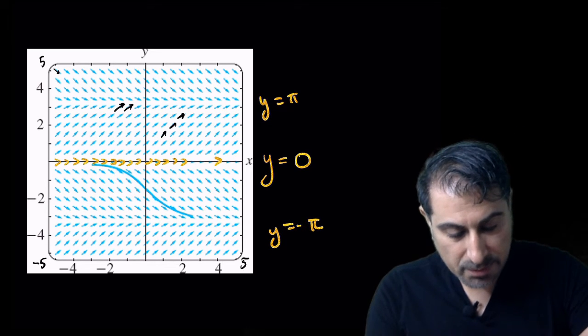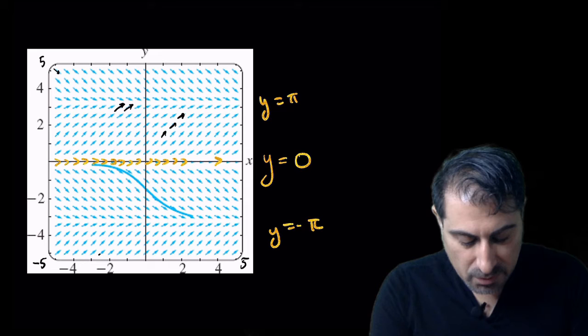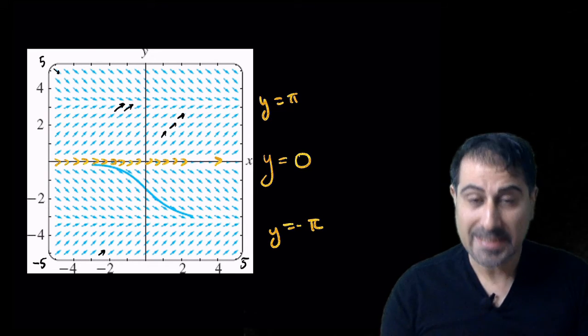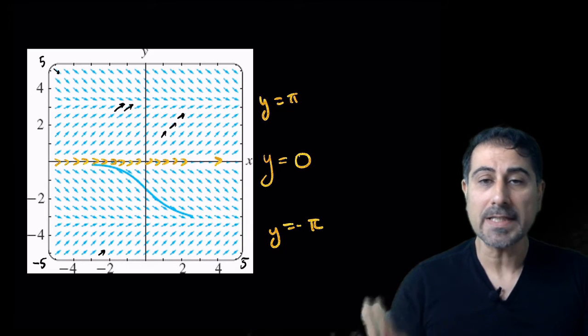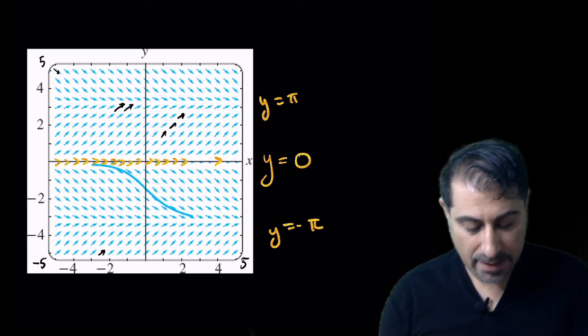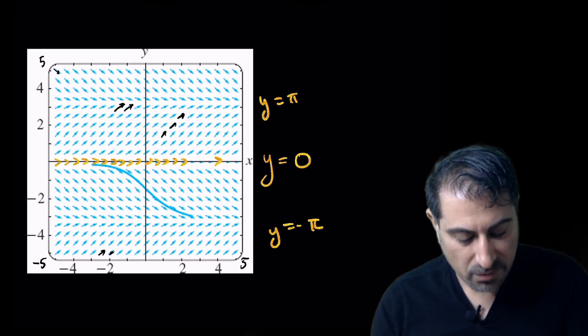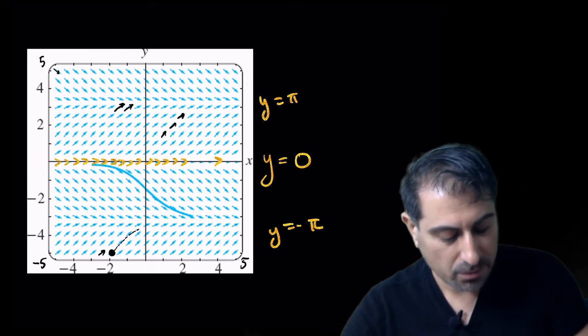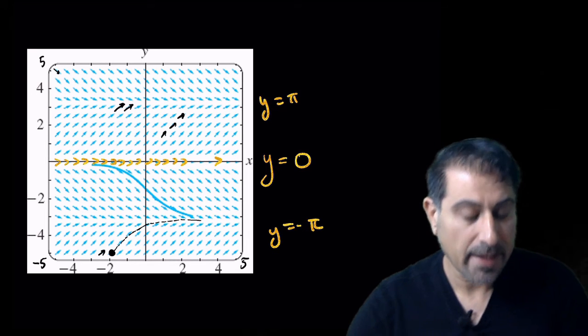And just as a representative example, here if you choose this point, the slope is increasing. So if you want to construct a solution curve, essentially what you're going to do is just pick an initial point and follow through. So let's say we start here, then the curve is going to follow this kind of graph.